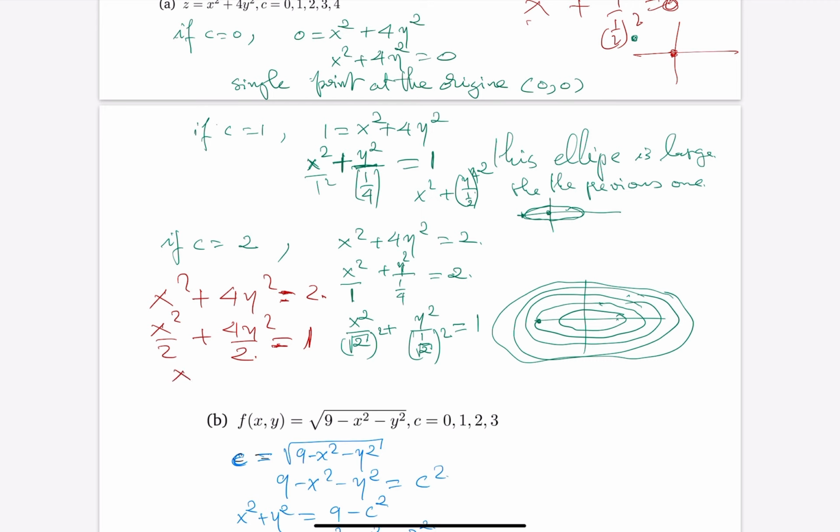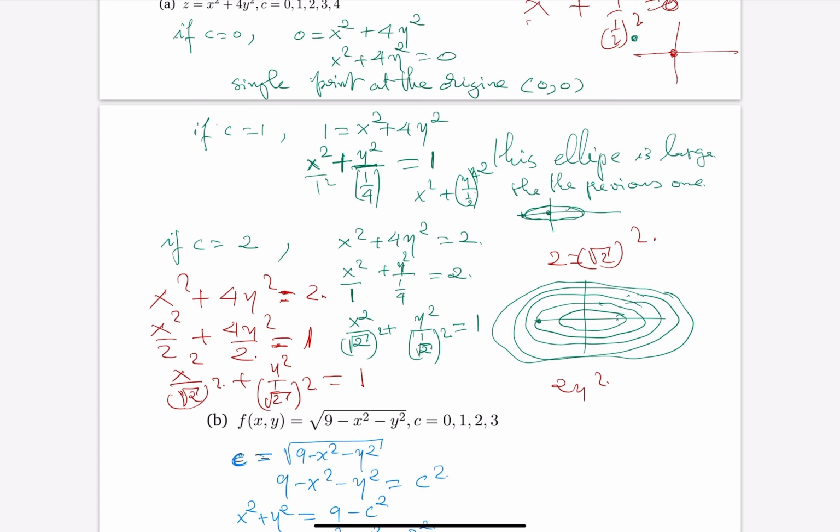So here you have x squared over square root of 2, everything squared. And here you have 2y squared, which is y squared over 1/2, square root of 1/2 everything squared, equal to 1.